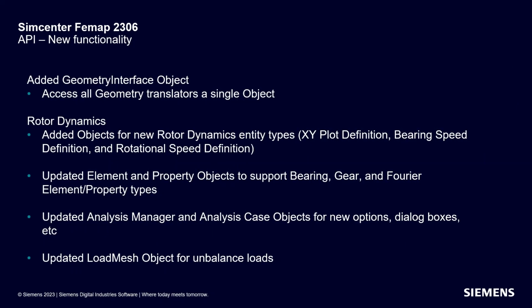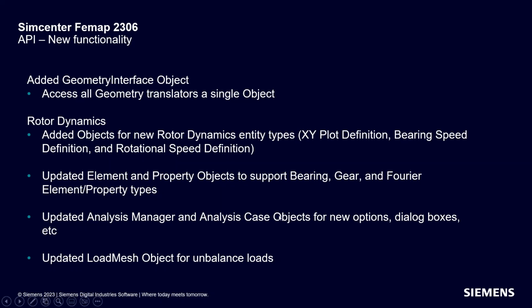Okay, so we'll kind of gloss over some of the API improvements. They're basically just anywhere they've extended the GUI Femap functionality, they've also added in API elements to connect in and do the same thing on the API side. So I wouldn't say they've done this for everything across the board, but for the majority of user interface updates, they've connected to that on the back end as well.